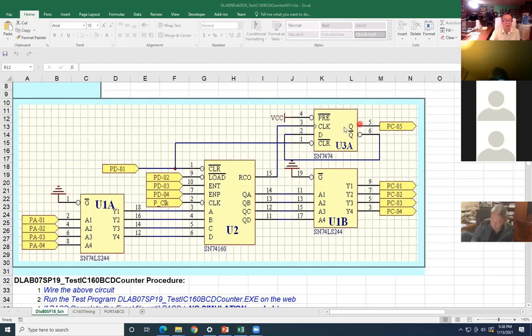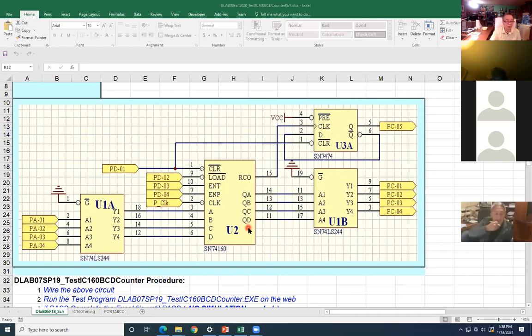If it was 0, when you get a clock, it goes to 1. If the output is 1 and a clock comes in, it will go to 0. That means it keeps toggling. Right. That is how U3A works in this lab.